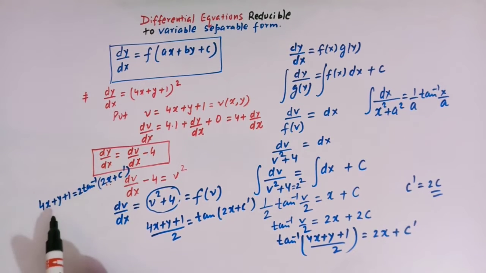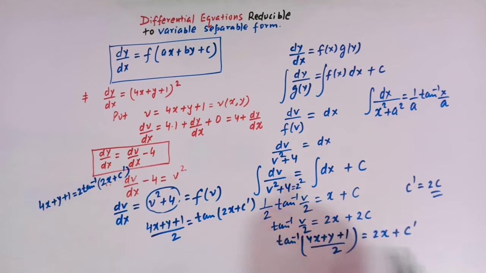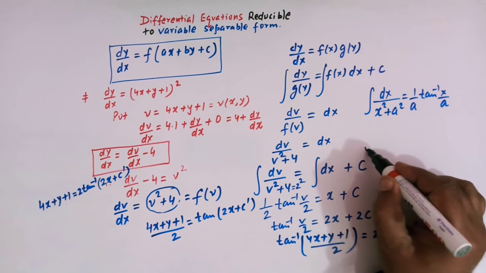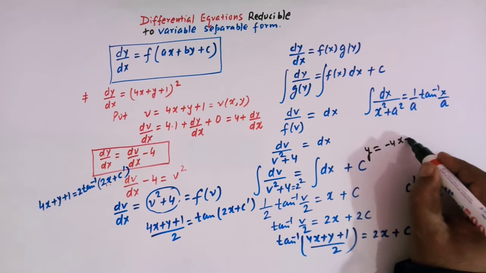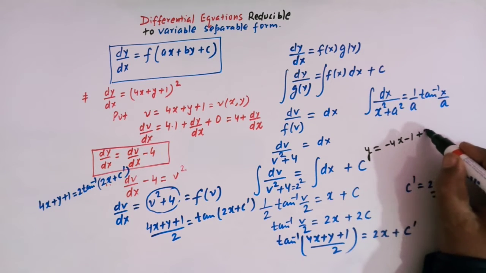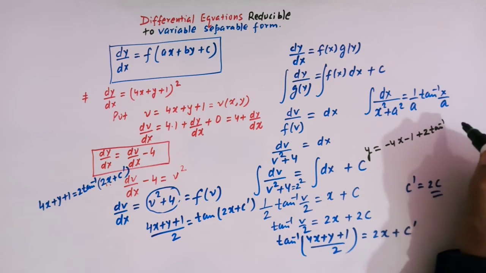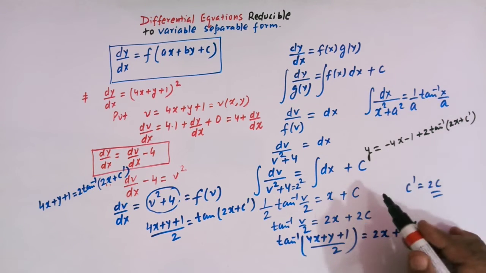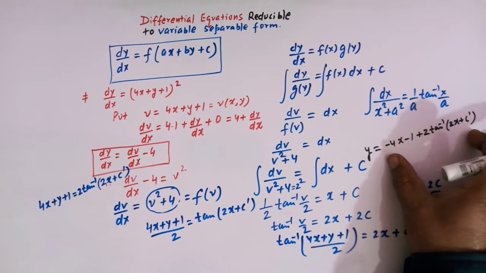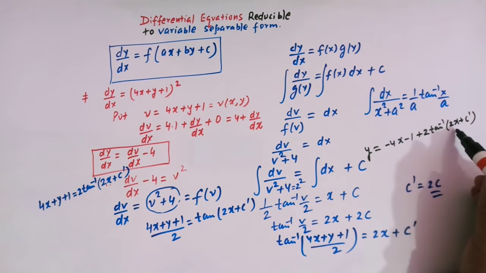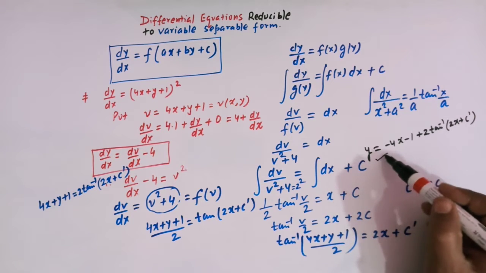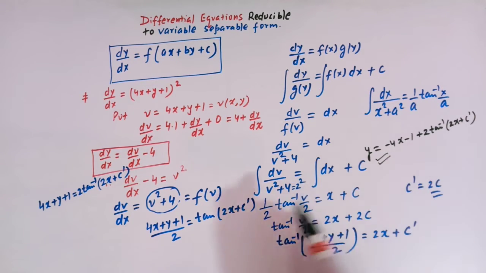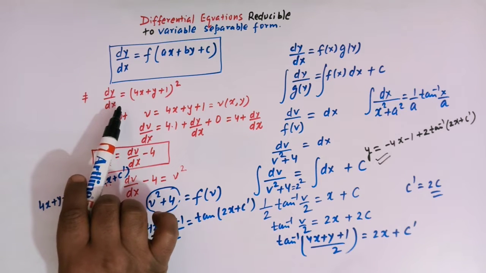So now we can further express this result as y is equal to minus 4x minus 1 plus 2 times tan inverse of (2x plus c prime), right? So now this side is completely expressed in terms of x, and here we have y, right? So this is the desired solution of this differential equation, right?